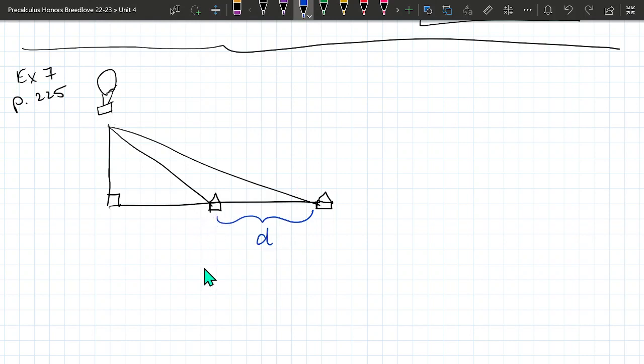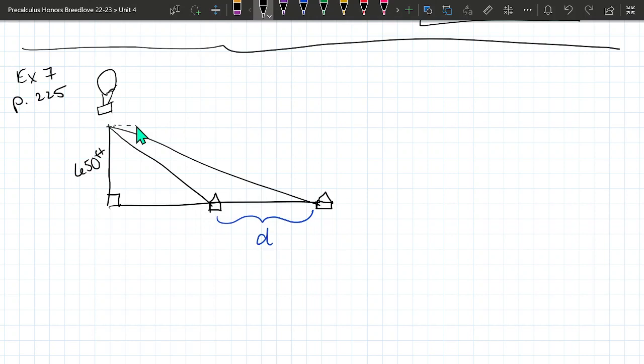Let's see, what else did I have? 650 feet to the ground. And it also told me the angle of depression to one house is 28 degrees, and the angle of depression to the other house is 52 degrees.